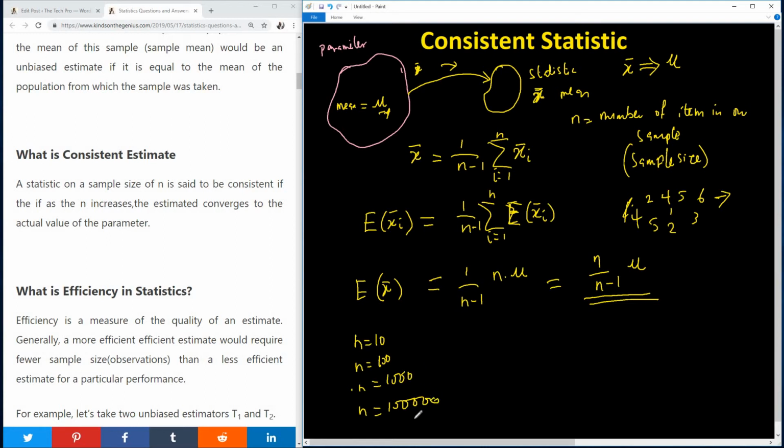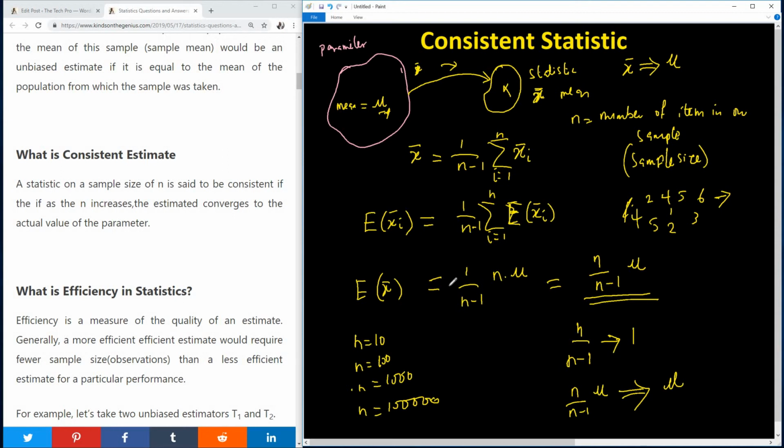The more the value of n increases, the more this quantity n over n minus 1 tends to 1. And that means the more the quantity n over n minus 1 times mu tends to mu. In that way, we can say that this statistic that we've calculated from this sample is a consistent statistic.